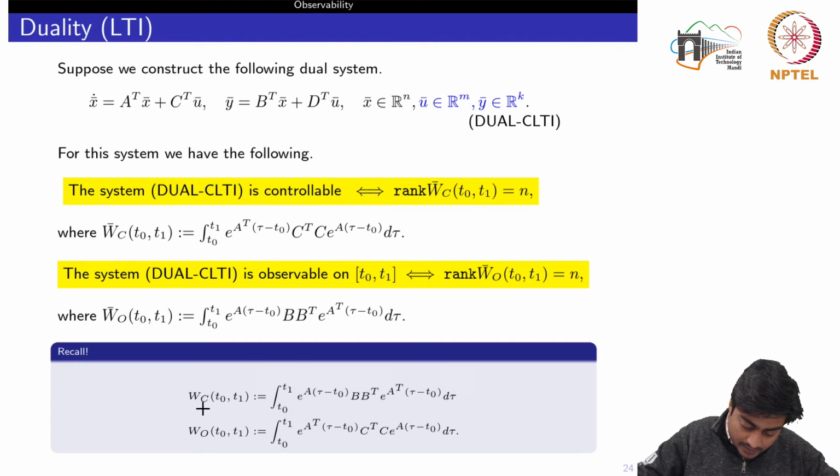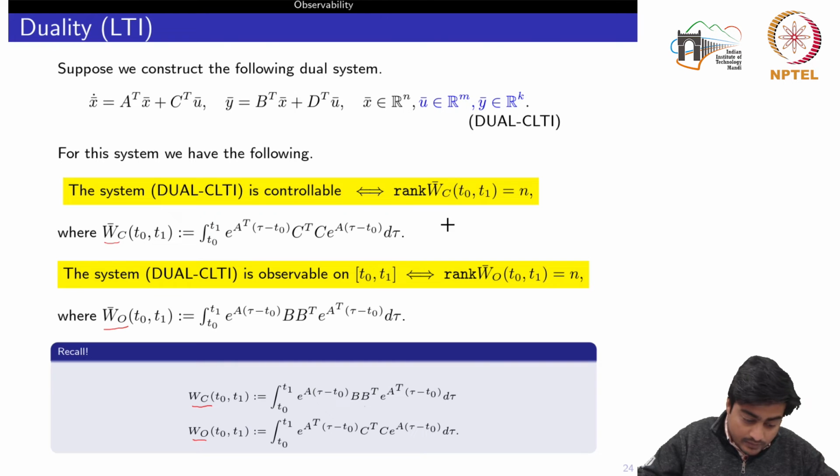This WC and WO are the Gramians of the original system, and this WC bar and WO bar are the Gramians of the dual system. Here in WC you see the pair A, B matrix. So this WC and this WO bar basically are the same, right? Similarly, WO, the observability Gramian of the original system, and the controllability Gramian of the dual system also remain the same.